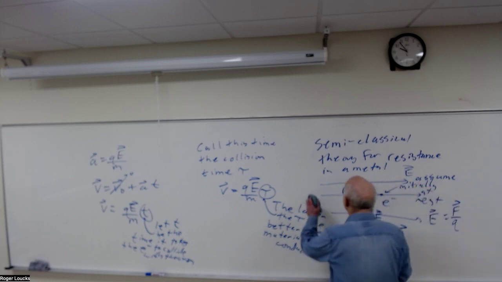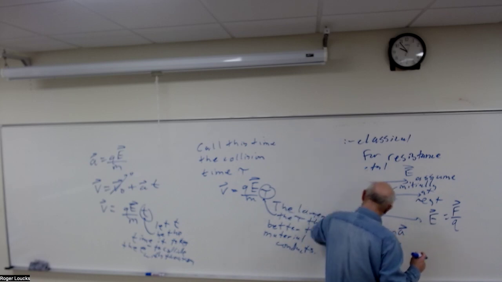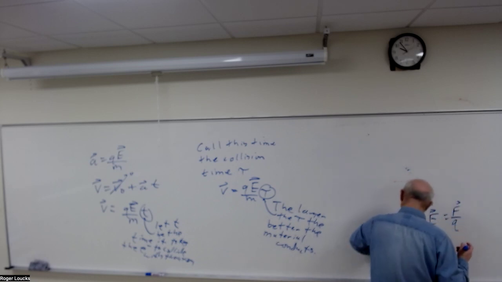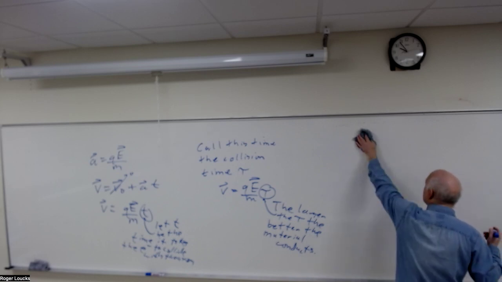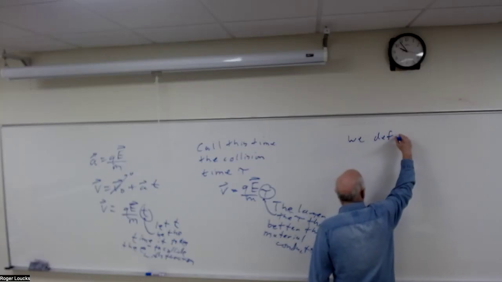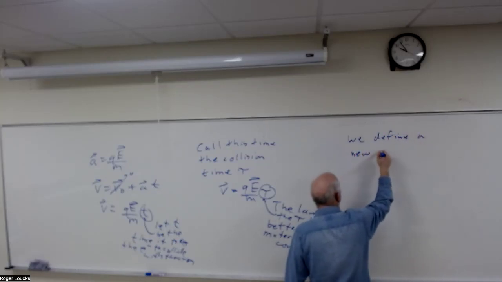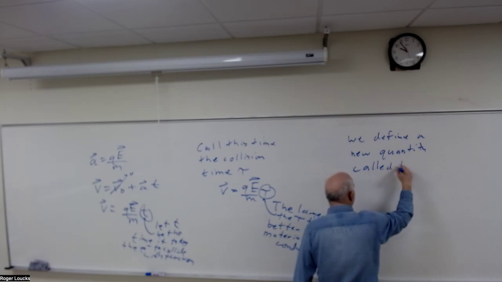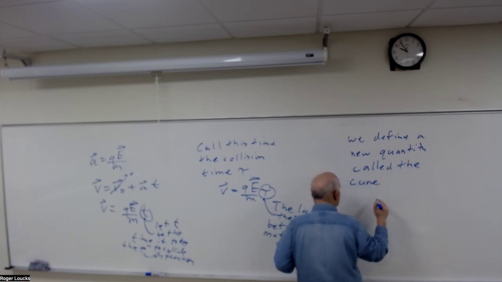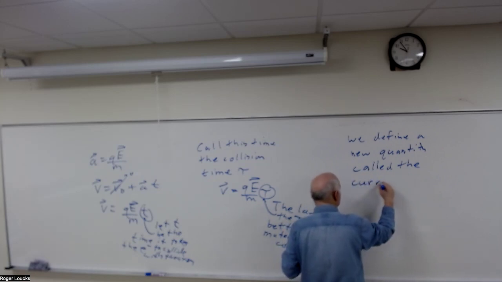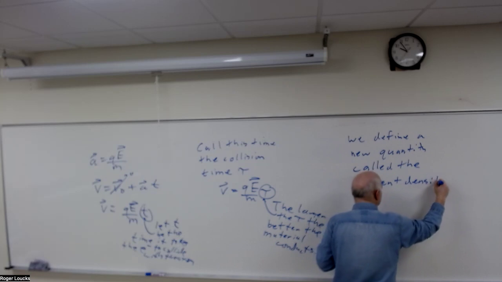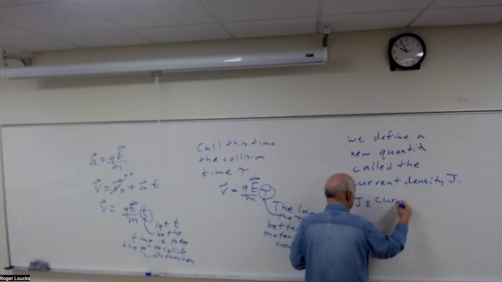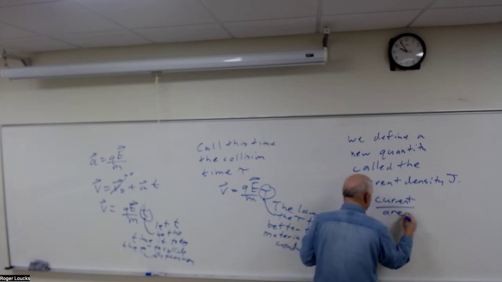Now let's define something. So we define a new quantity called the current density, J. And J, by definition, is the current per unit area.